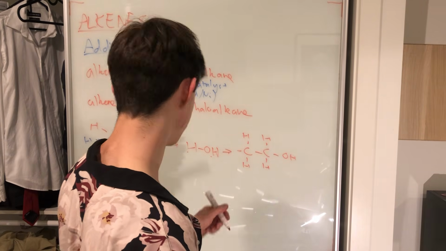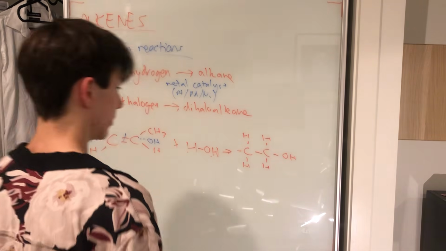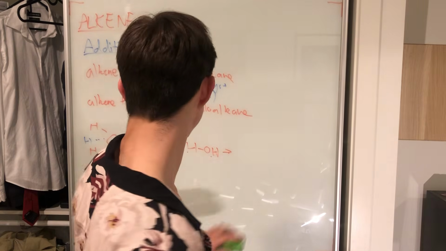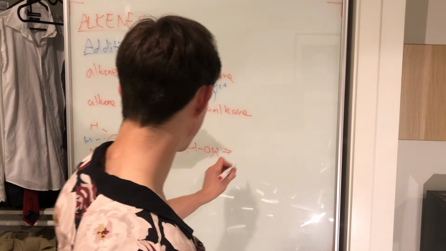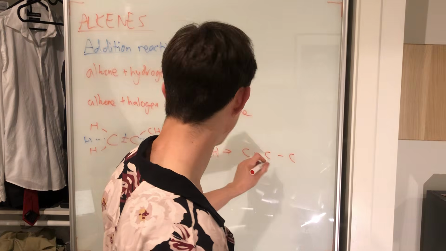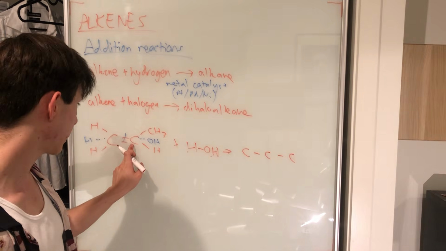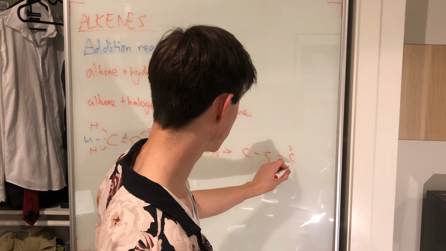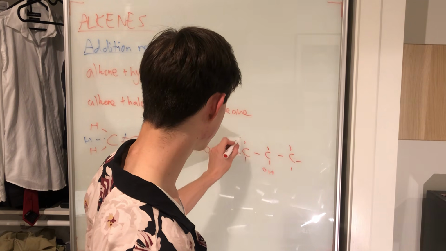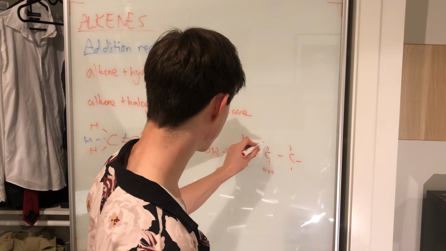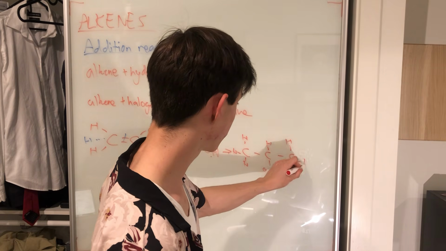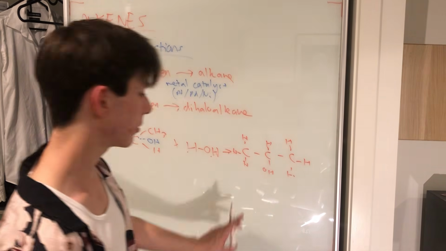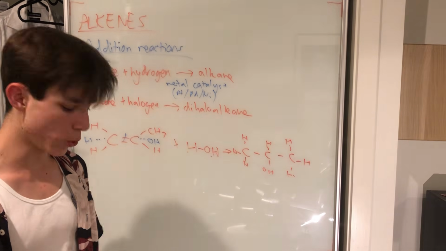We've got three carbons, haven't we? So C, C, C. And you see the OH is on the second carbon. So that would be propan-2-ol.